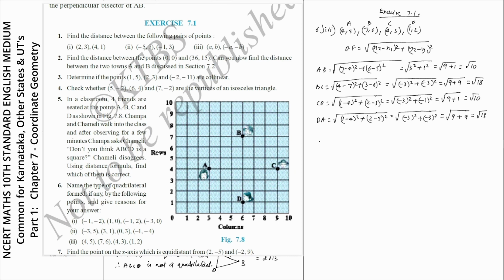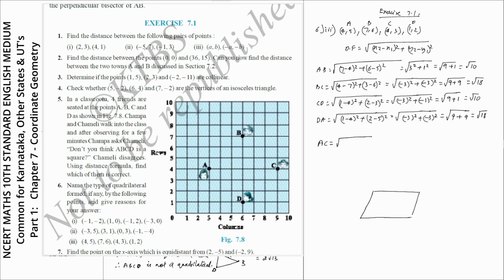Now I'll check what is AC. In this problem, before checking the diagonal only, I cannot decide what type of quadrilateral this is. Now AB I got root 10, and BC I got square root of 18.